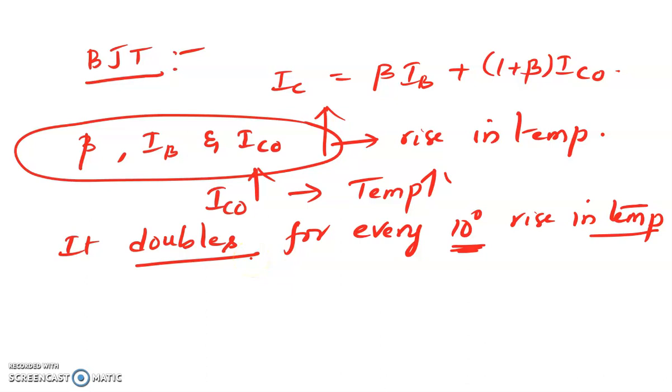What happens if this ICO changes with the changes in temperature? The collector current IC causes the collector base junction temperature to rise.